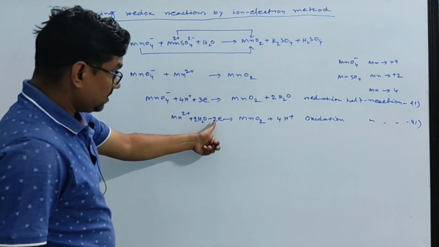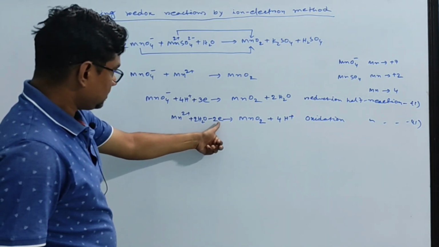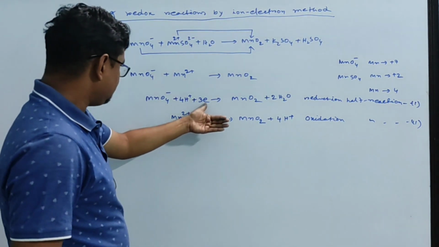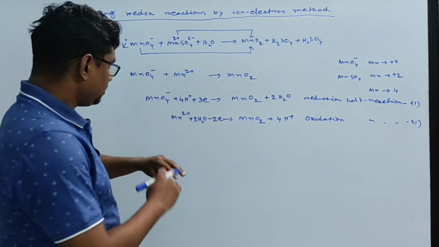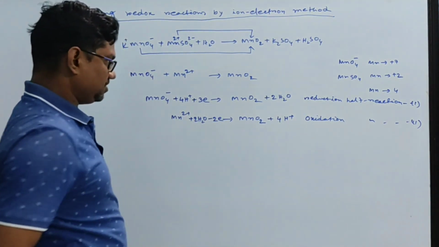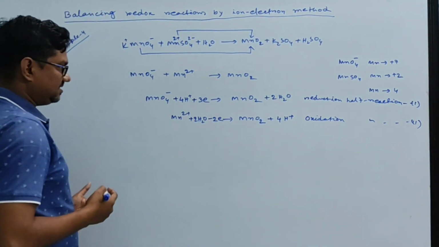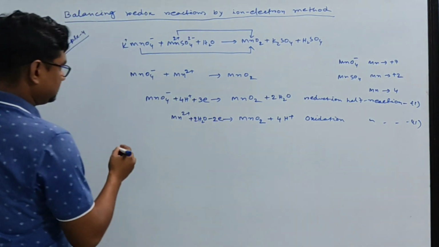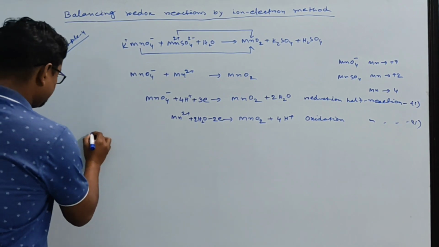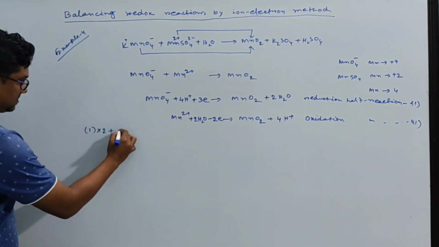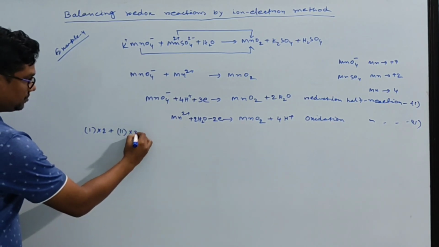In the oxidation half reaction, the coefficient of the number of electrons is 2, and here the number of electrons is 3. So we will multiply this one with 2 and this one with 3, and when we add them, there will be no electron left in the overall redox reaction. So what we are doing is number 1 into 2 plus number 2 into 3.